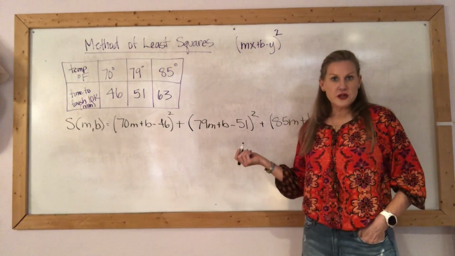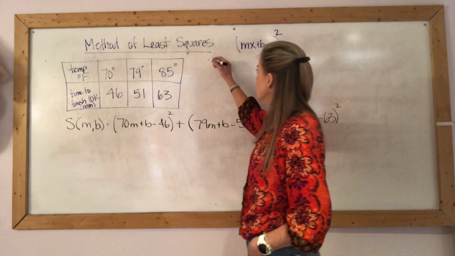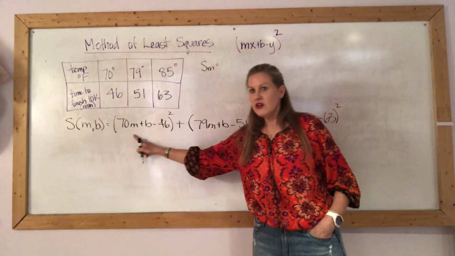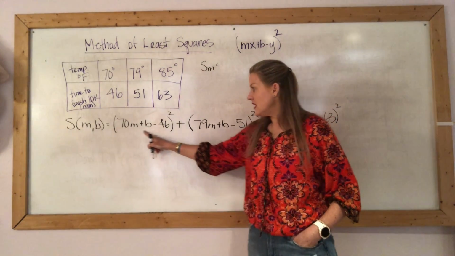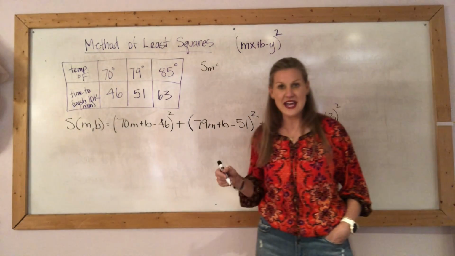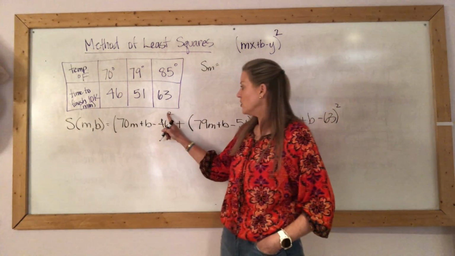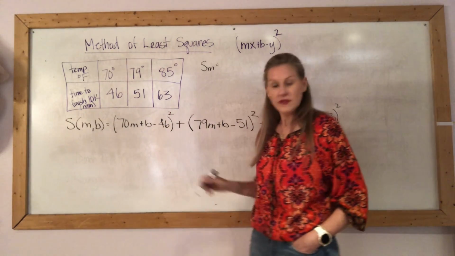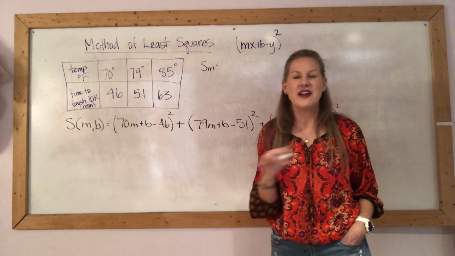So I'm going to find the first partial with respect to m first, and I'll write that up here. And notice, going back to first partials, each of these items in parentheses has an m, and they're all squared, so I am going to have to use the chain rule. It's easy chain rule. It's going to work the same way every single time.